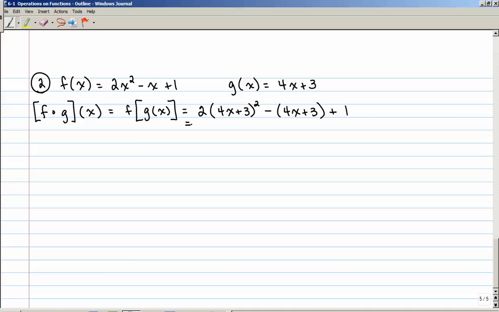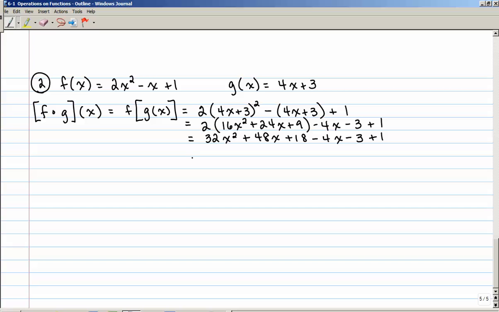Now we just need to simplify this. So that's going to be 2 times, and let's go ahead and FOIL this, 16x squared plus 24x plus 9, and then distribute the negative 1, 4x minus 3 plus 1. Let's keep distributing here, so 32x squared plus 48x plus 18 minus 4x minus 3 plus 1.